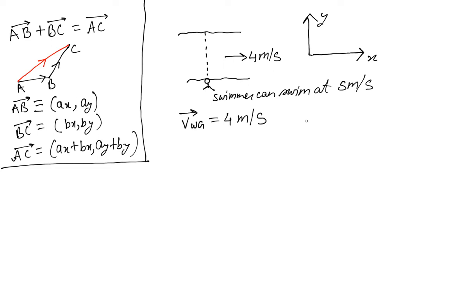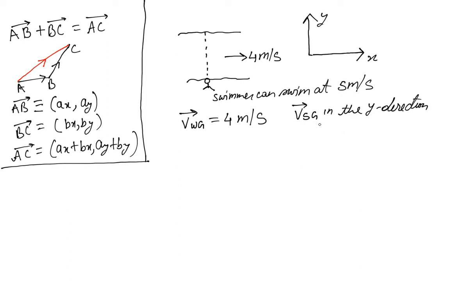Similarly, as the swimmer wants to swim such that with respect to ground he lands on the opposite side of the bank, we want V of swimmer with respect to ground in the y direction, which means we do not want any x component of VSG, right?